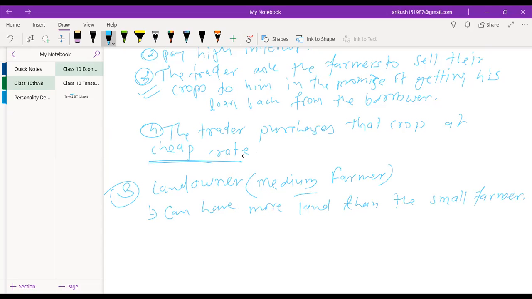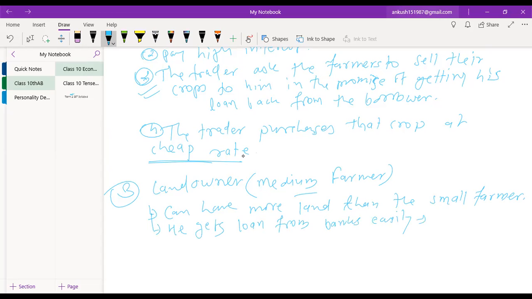First thing, he gets the loan from banks easily.